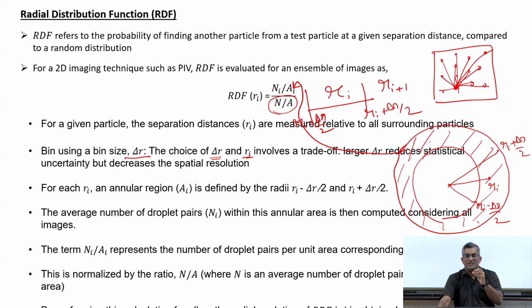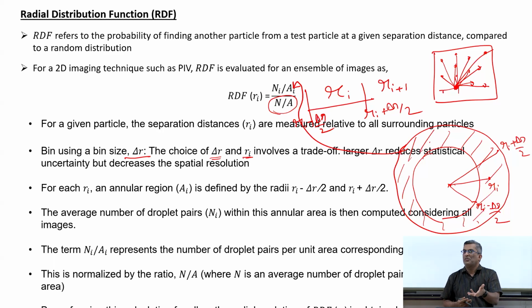So, obviously, this will incur some uncertainty, but here the assumption is that if you are working with a laser sheet imaging technique, then this volume is defined by the thickness of the laser sheet. So, that thickness is present both in numerator and in denominator. So, that gets cancelled out, which is also strictly not true.